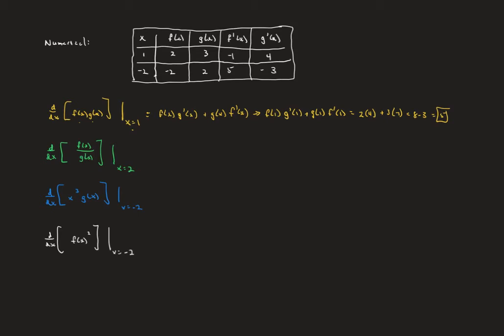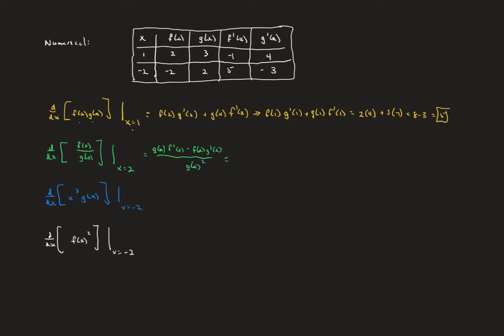The second one, now we have to use our quotient rule. So we're going to get the denominator times the derivative of the numerator minus the numerator times the derivative of the denominator, all over the denominator squared.